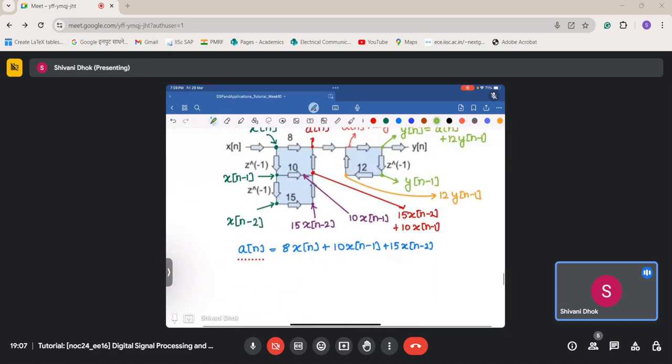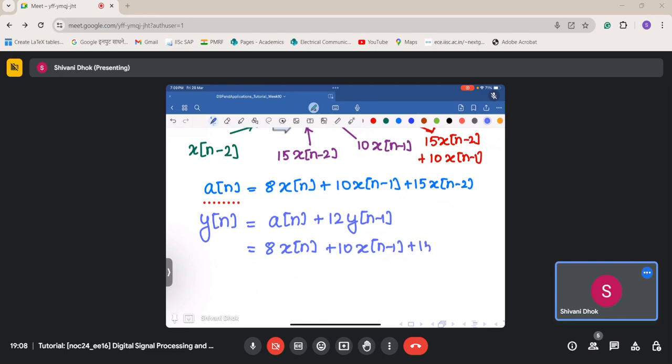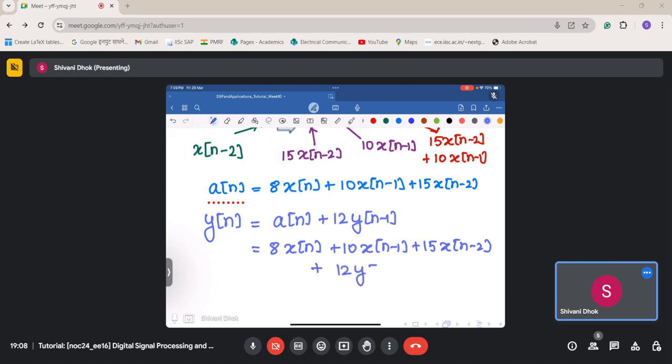Okay, so the relation we have obtained is y of n equals a of n plus 12 times y of n minus 1, and this a of n is simply 8x of n plus 10x of n minus 1 plus 15x of n minus 2.